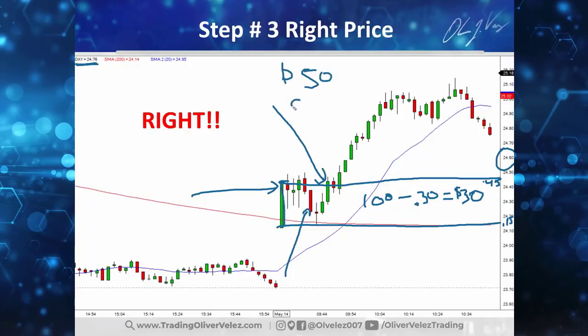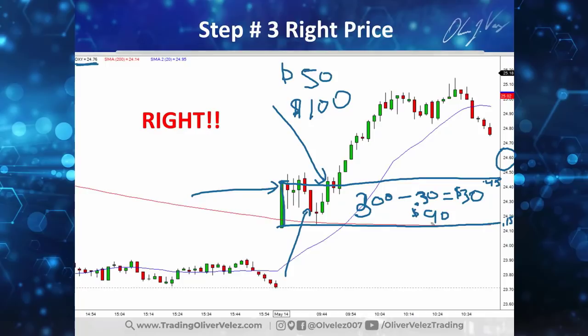Now, if my maximum loss per trade was $100, I could actually trade 200 shares or 300 shares of this stock most of the time. 300 shares with 30 cents only gets me a $90 loss.